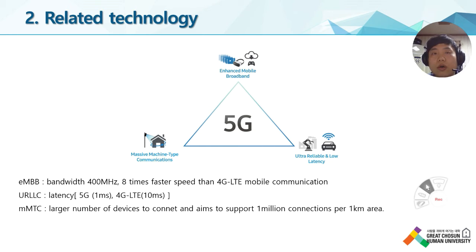The latency of 4G LTE is 10 milliseconds, and there is URLLC that improves this latency by more than 10 times to 1 millisecond, implementing high reliability and ultra low latency.